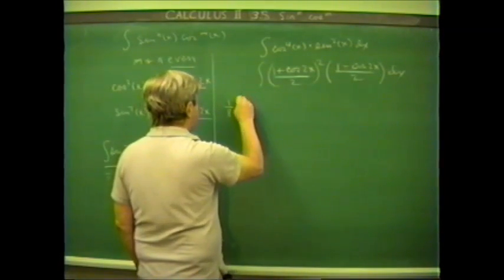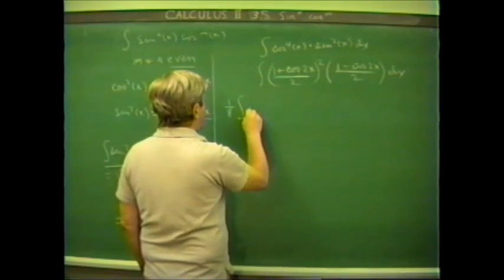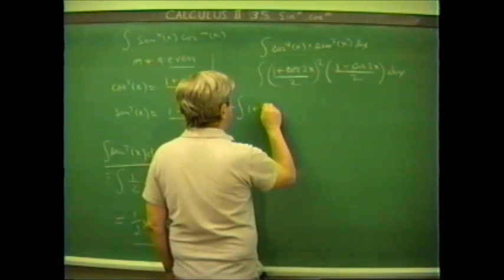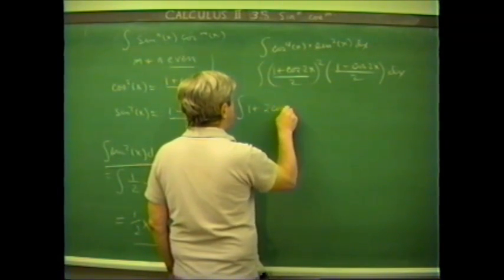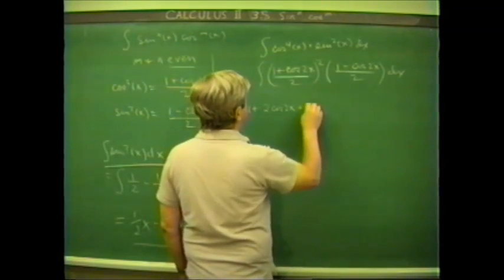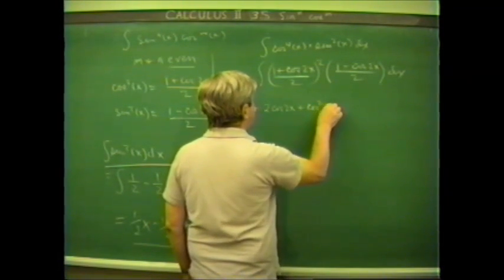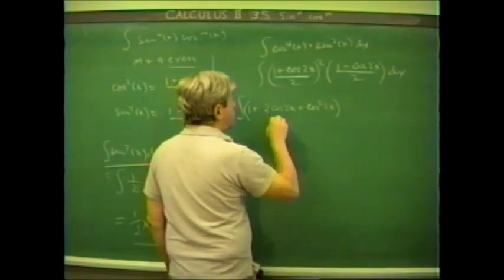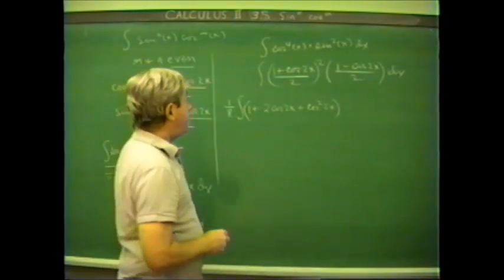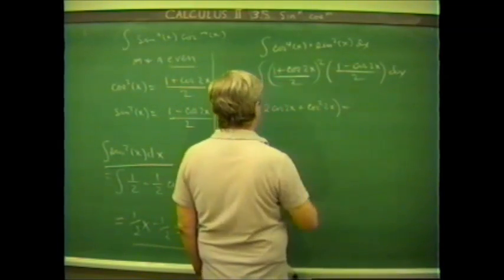And then we've got the antiderivative of (1 plus 2 cosine 2x plus cosine squared 2x) times 1, and then times minus cosine of 2x.